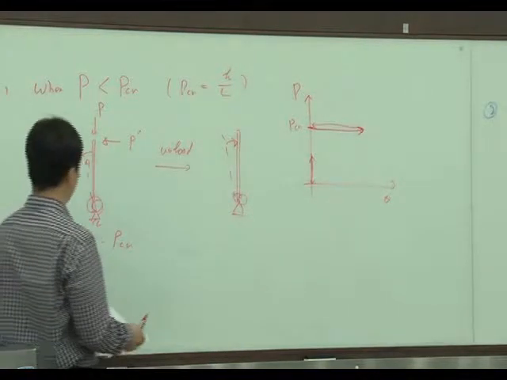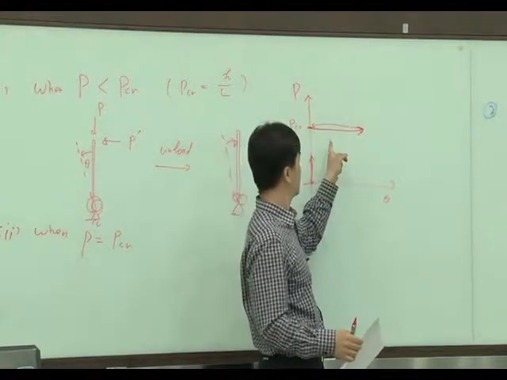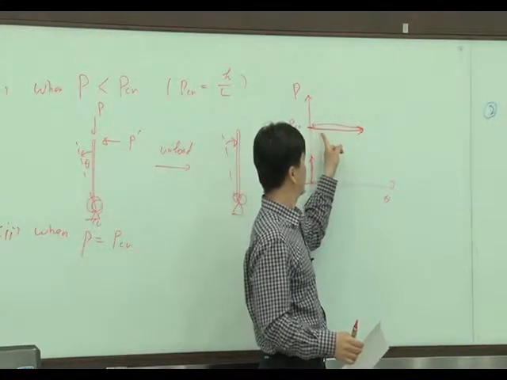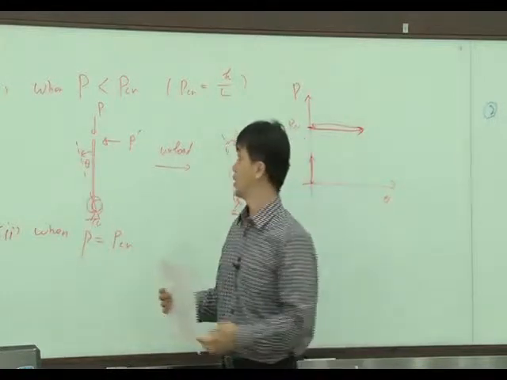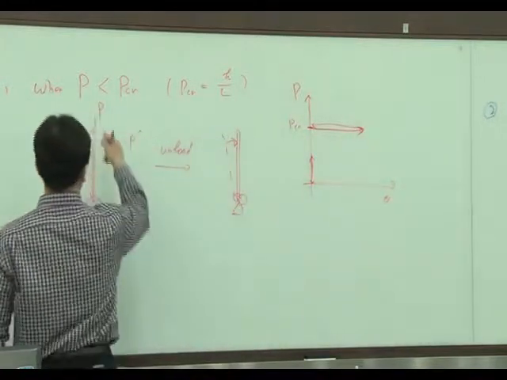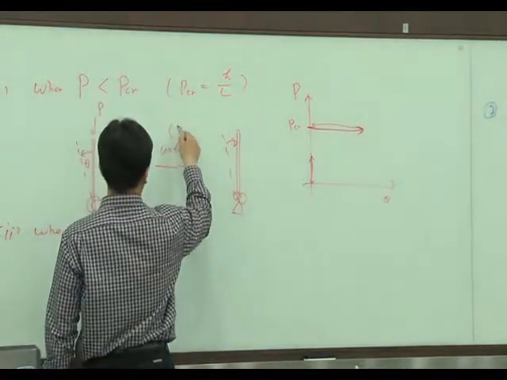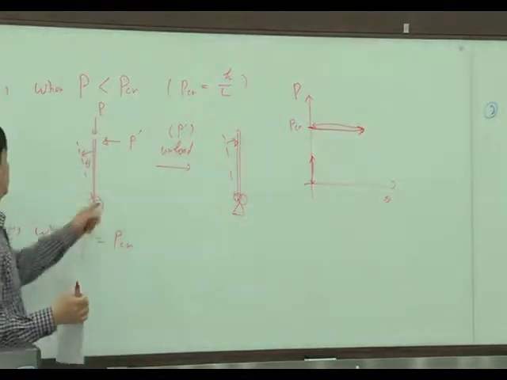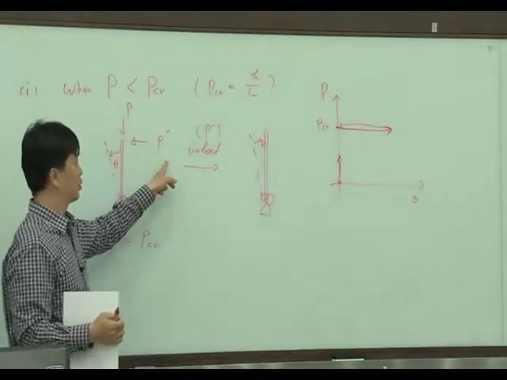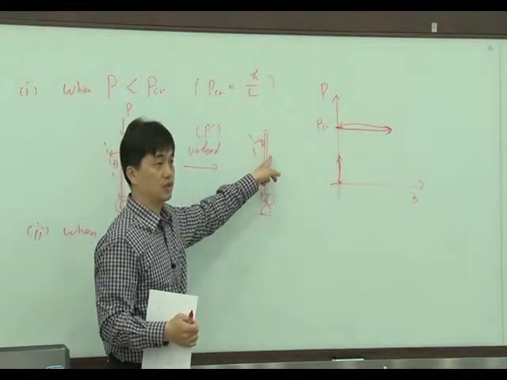But even if you load P at PCR, it will rotate, and then the unknown here is the perturbing load. For the first case, it will go back to the initial position.